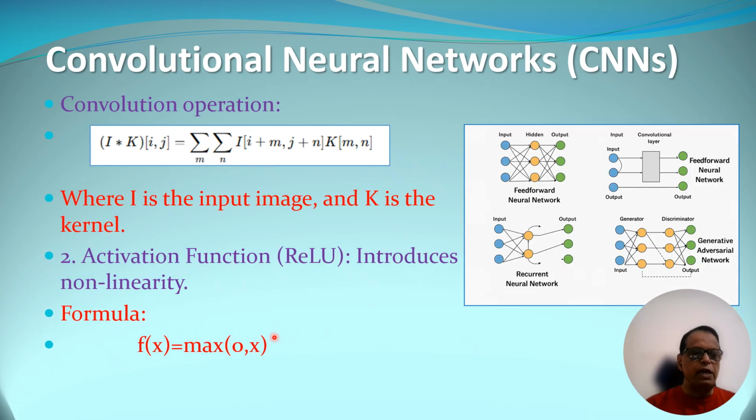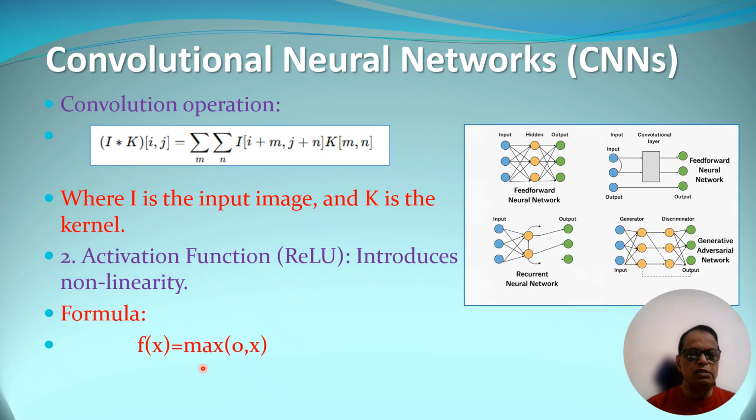So that the features of the input image can be compared or extracted. Mathematically we can represent the operation of the neural network by using this function, where I is the input image and K is the kernel, and the activation function is used for the introduction of non-linearity.